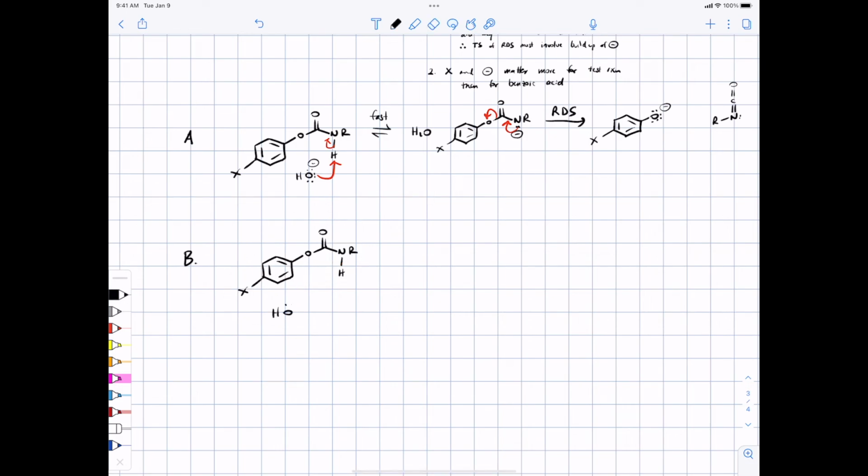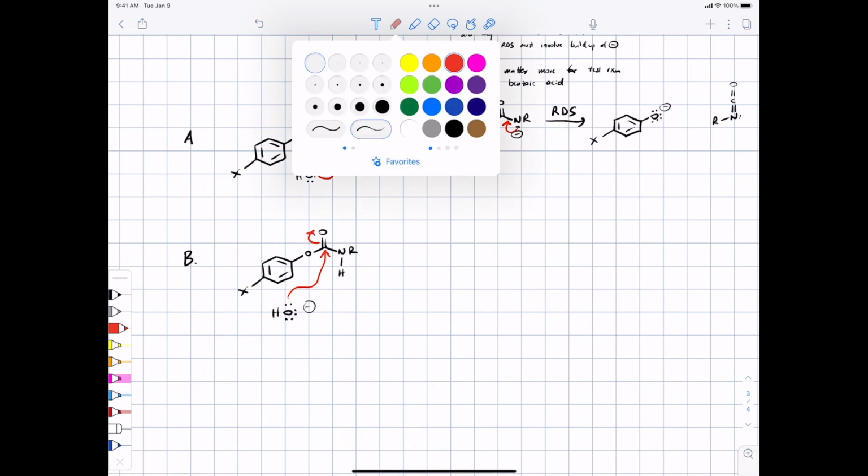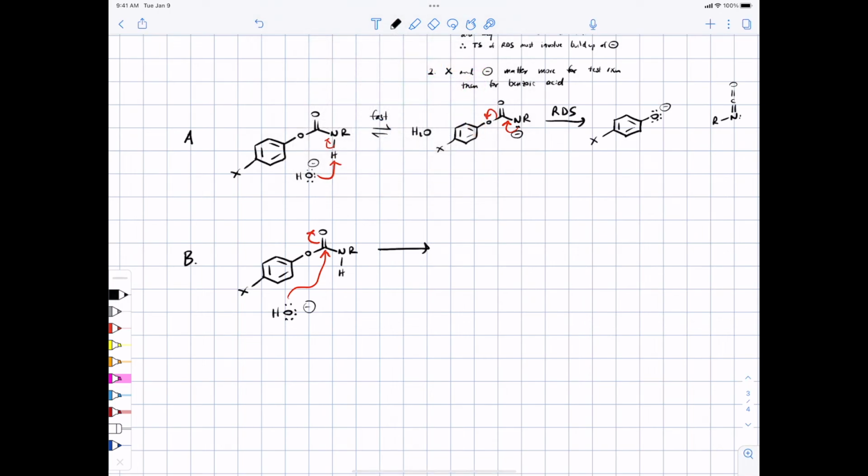So this would involve hydroxide acting as a nucleophile to attack the carbonyl carbon. And it would be anticipated that this nucleophilic attack would be the slow step, the rate determining step, and that would generate a tetrahedral intermediate that would look like this.